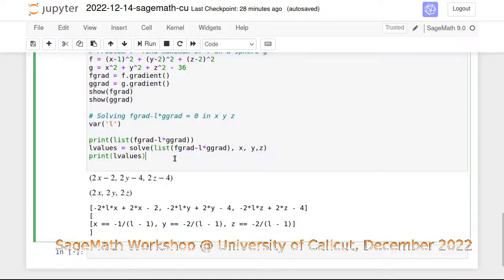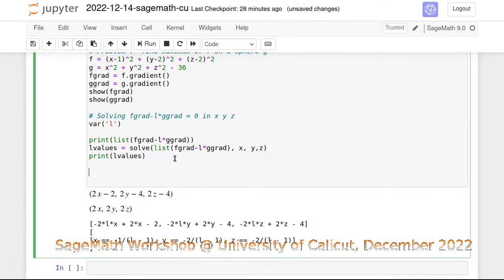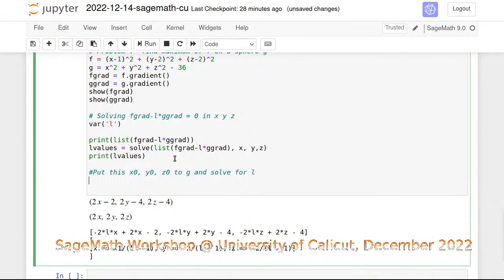The next step is to put x naught, y naught, z naught into G and solve for L. So here we got grid solutions instead of L values.